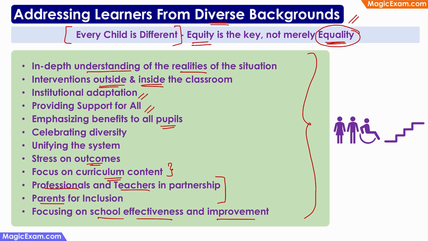So if your objective is to make sure that all the children reach the same results, all the children clear the exam, or all the children get very good marks, then you are not just putting all of them in the same classroom and teaching them, but you are focusing on equity, where the students who are weak, you will give them some extra attention and maybe some revision classes so that they can catch up with the rest of the students and all the students clear the exam or do well in the exam. Therefore, equity is more important than equality.